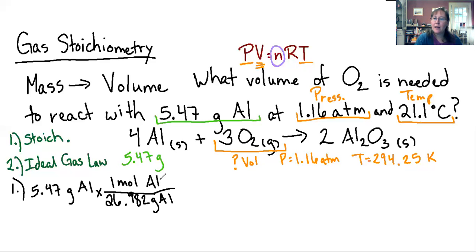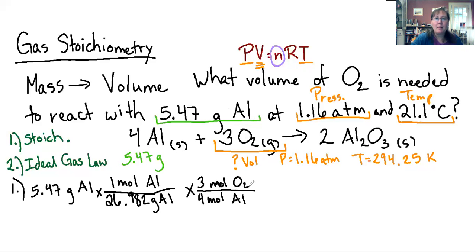And this is just that standard stoichiometry format that we have seen before. Now, the next piece is that mole ratio, okay? And it's going to be from aluminum to oxygen. And that is that we have 4 moles of aluminum going to 3 moles of oxygen.